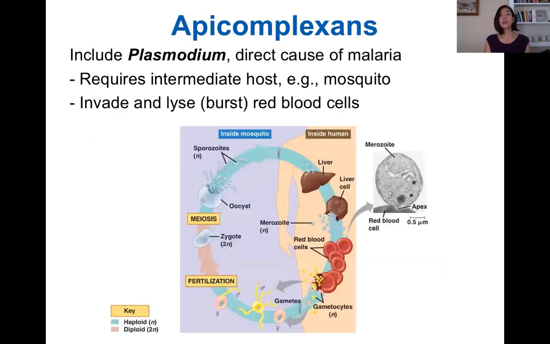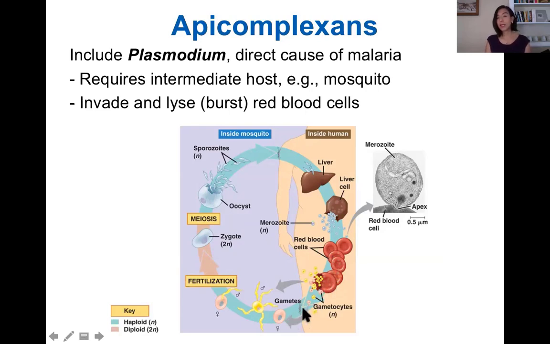One of the examples that I want you to remember is Plasmodium. Plasmodium is an apicomplexan that causes malaria, and it requires an intermediate host, the mosquito. The mosquito bites us and transmits Plasmodium, which affects the liver, and then it goes into the red blood cells, and it exits.